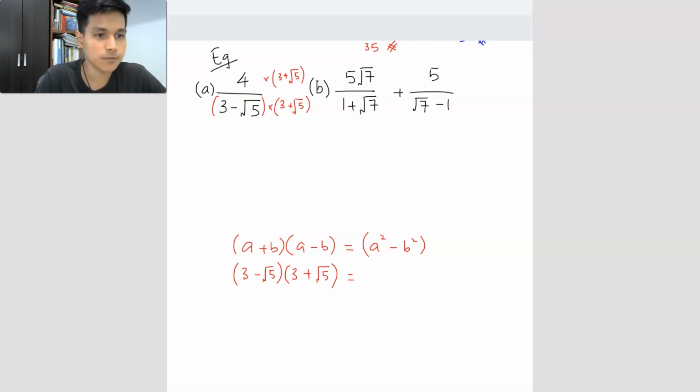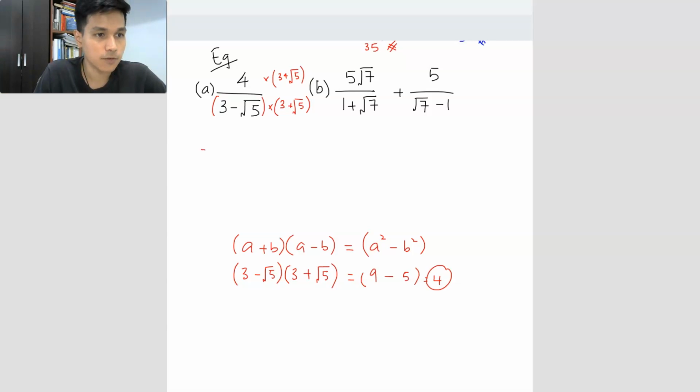So when you square 3, you get 9, and then you square surd 5, you remain 5, because surd 5 square, you just remove the surd, so you just write 5 there, and the middle here is always minus. So 9 minus 5, you get 4. So you see here, there is no longer any surd. So that's why we multiply the opposite of that. Clear? Because you want to remove the surd from the denominator.